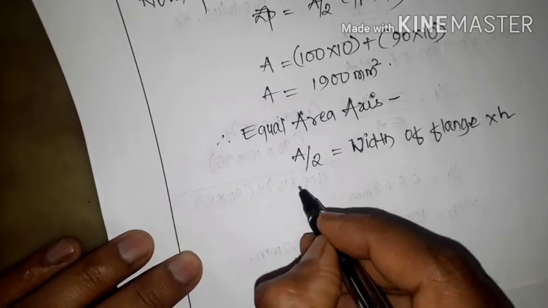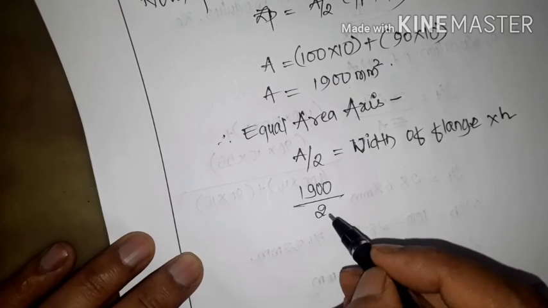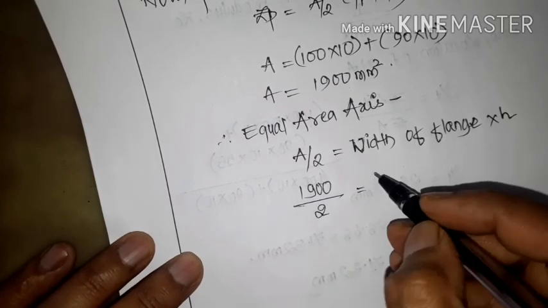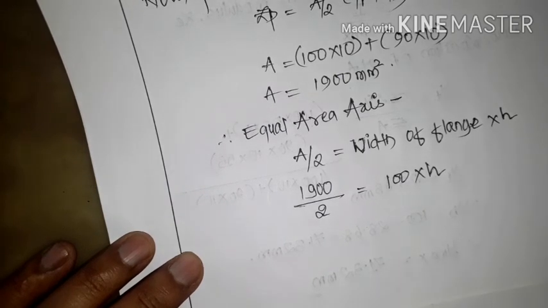So A by 2 is 1900 divided by 2, equal to width of flange 100 into H.